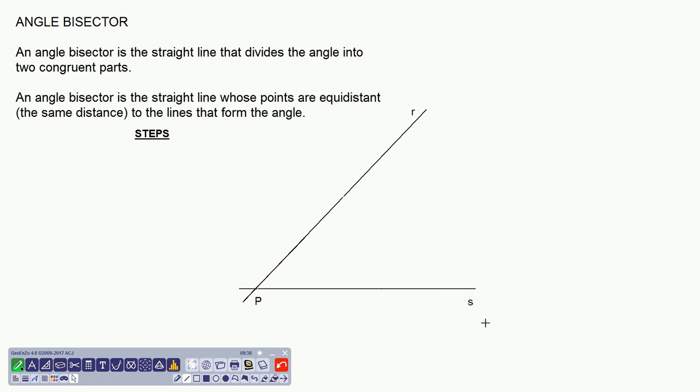So if I draw a parallel line to straight line S at a certain distance, and I draw a parallel line to straight line R at the same distance, the point where both parallel lines meet will be at the same distance to lines S and R at the same time.